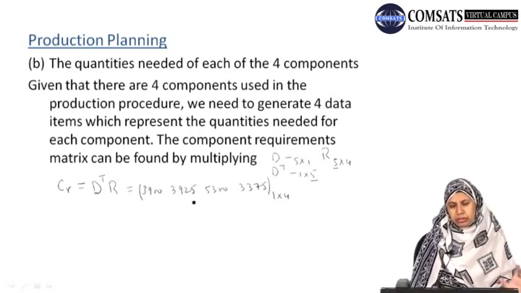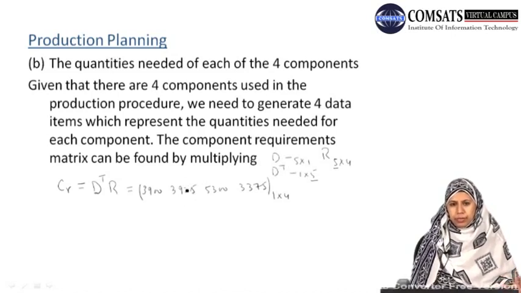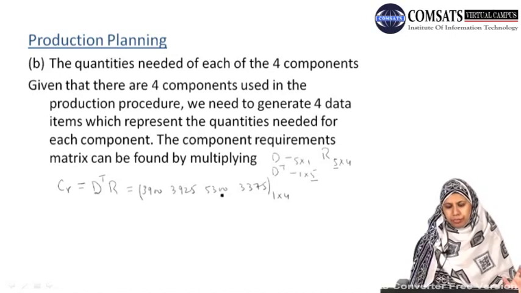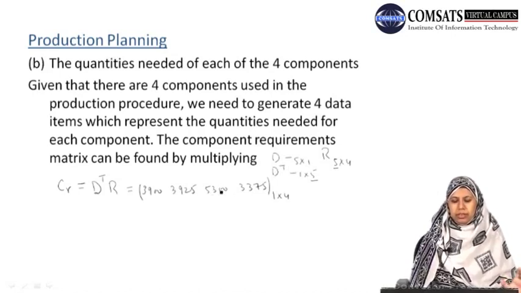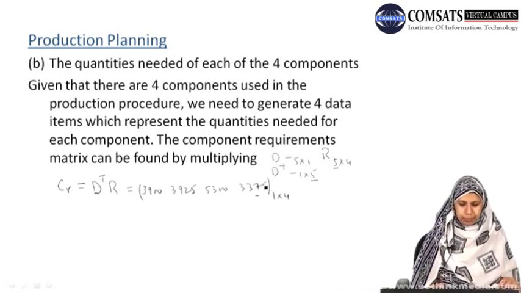The second column tells us that 3925 units are required for component 2, 5300 units are required for component 3, and 3375 units are required for component 4.